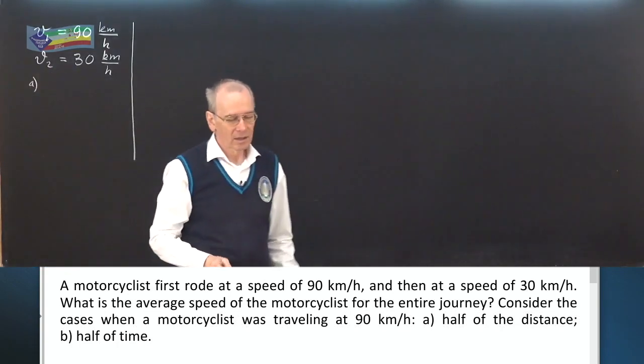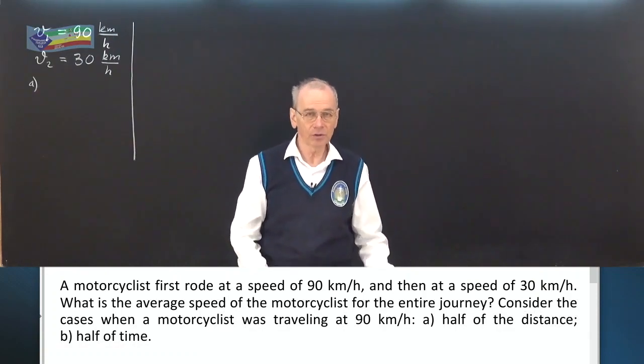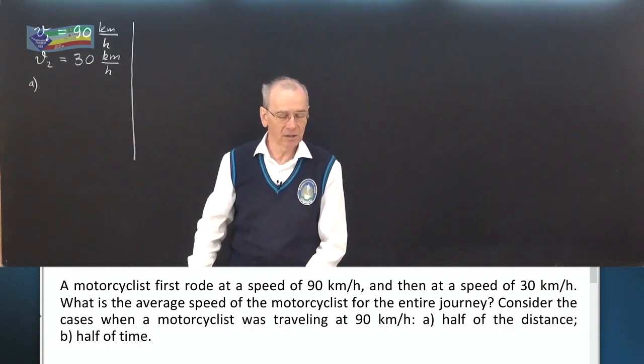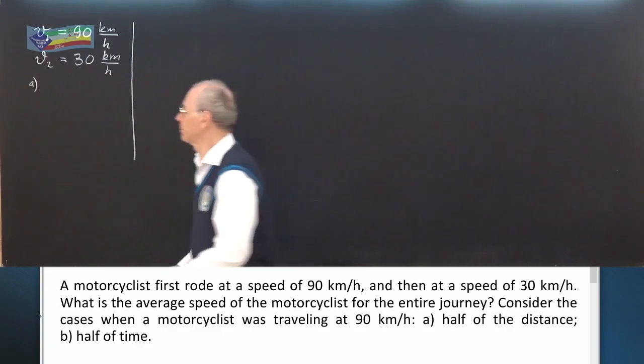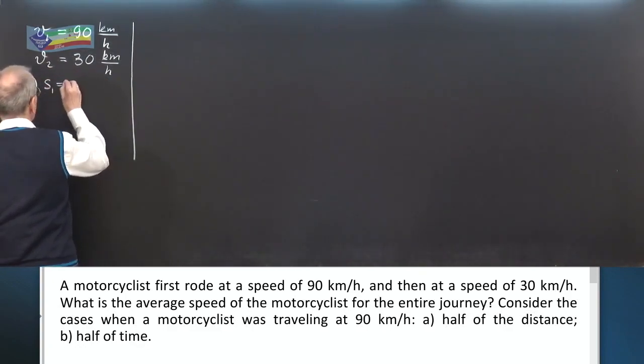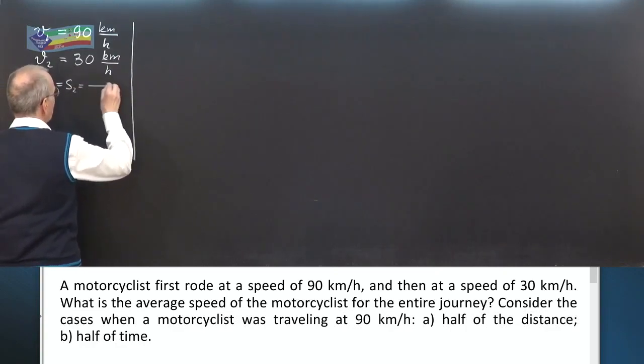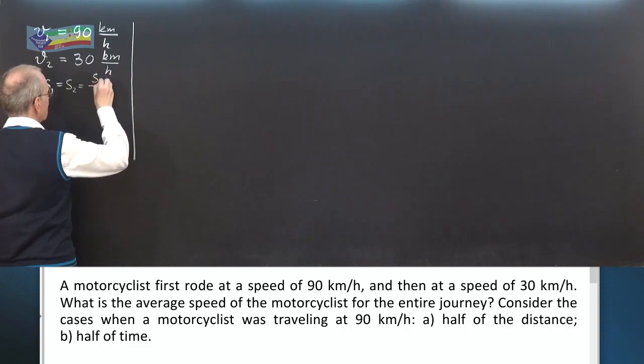Distance is the same for the first and for the second part of the journey. S1 equals S2, and we can write equals S total divided by 2.